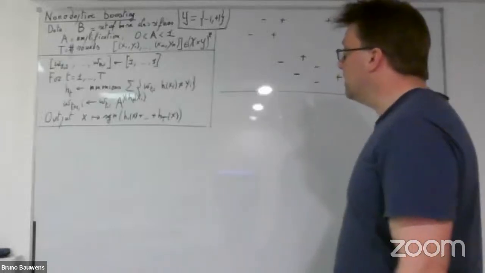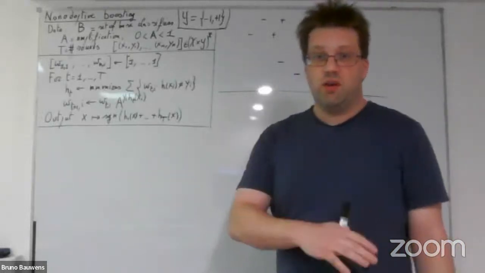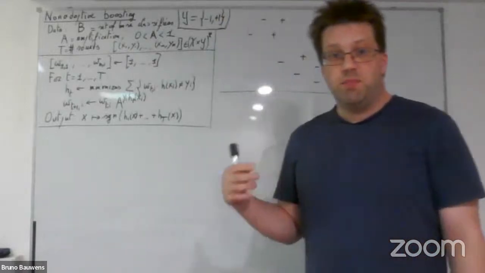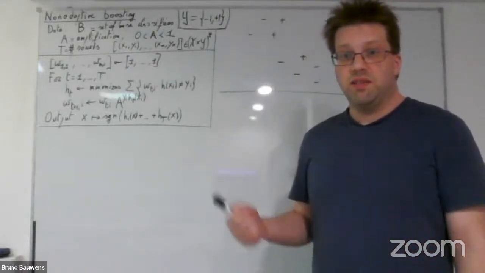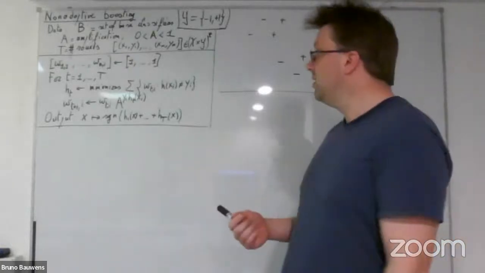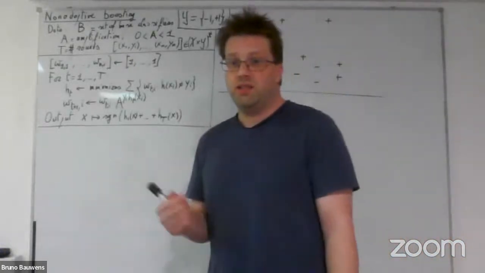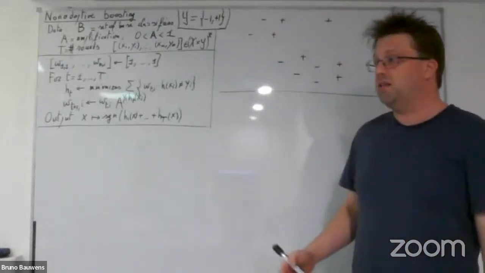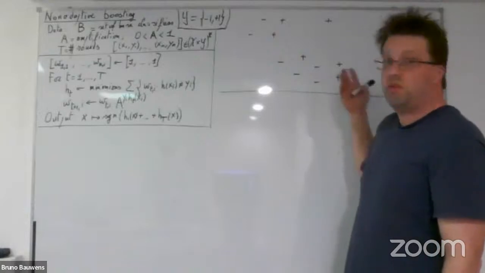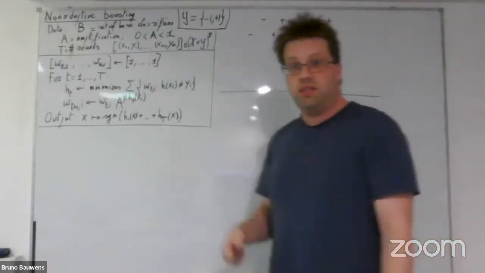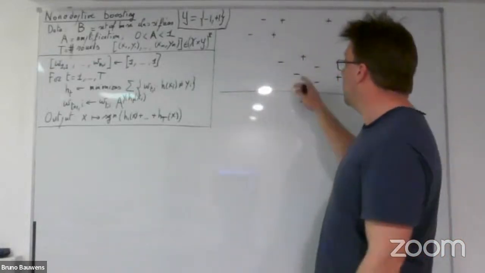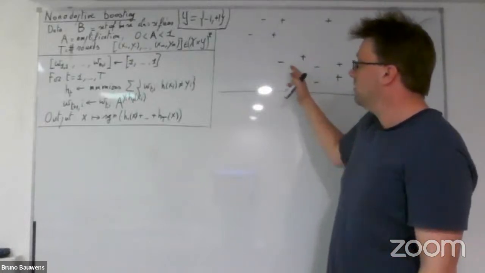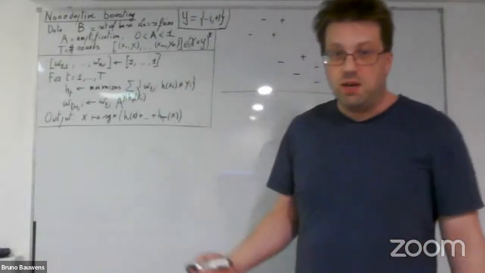The main idea is to maintain weights on the data points. In each boosting round, we will select a classifier that is doing better than random guessing, taking the weights into account.